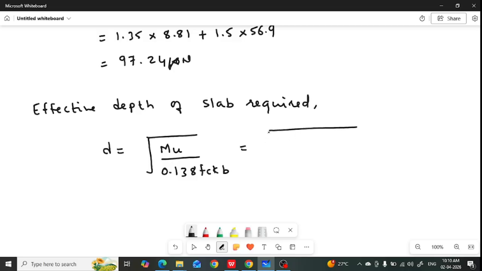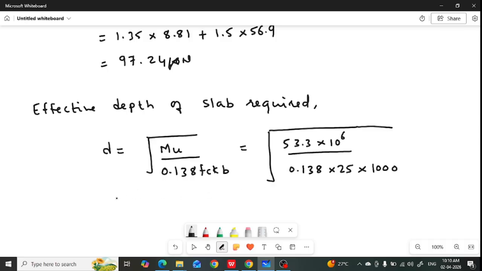Equal to Mu 53.3 into 10 to the power 6 divided by 0.138. fck is 25, because the minimum grade of concrete that we provide in the bridge is M25, into, we are considering 1 meter width of the slab, 1000.